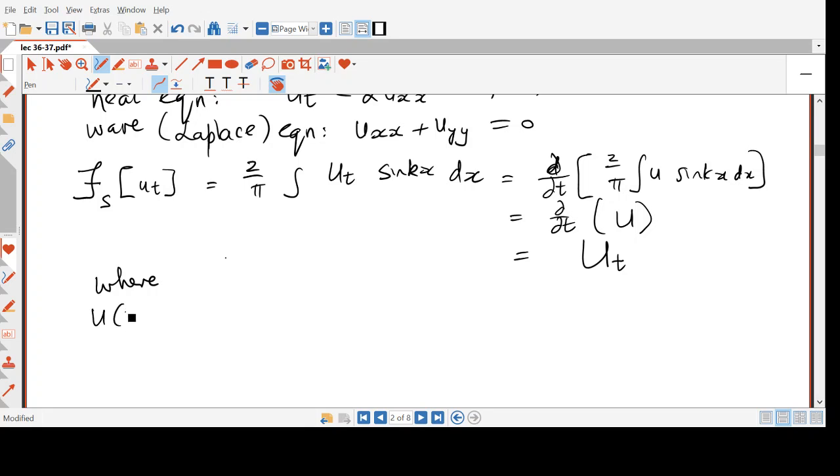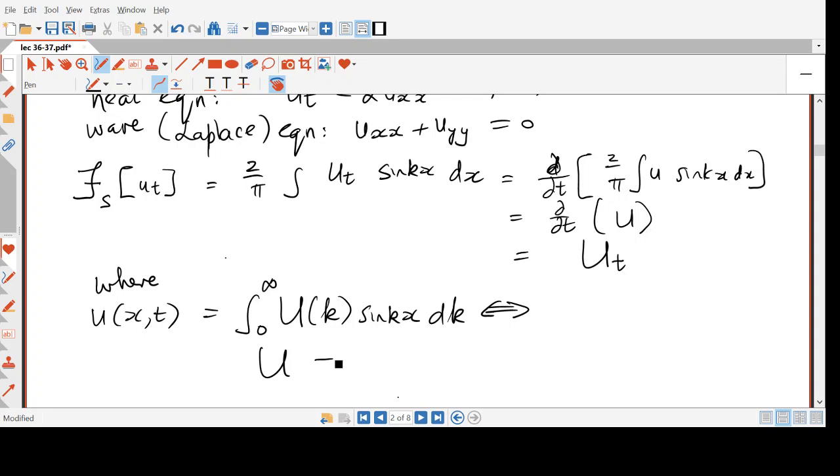Here, u of x, t can be written as the integral from naught to infinity of capital U of k sine kx dk, where this capital U is defined to be 2 over pi integral from naught to infinity of u sine kx dx.